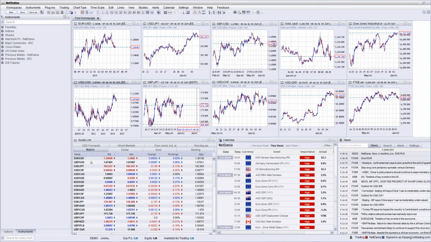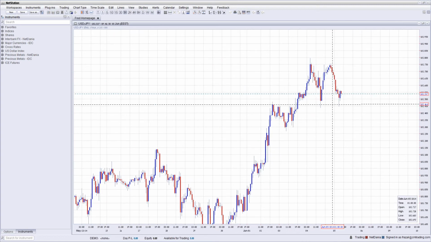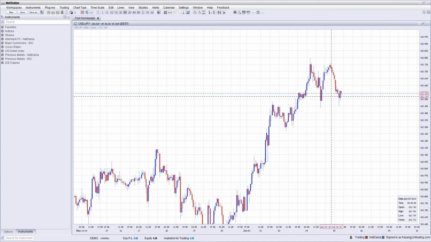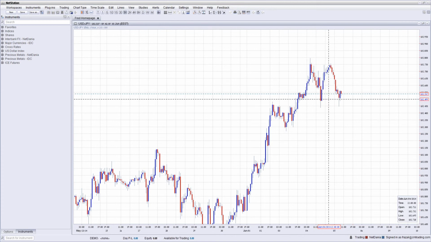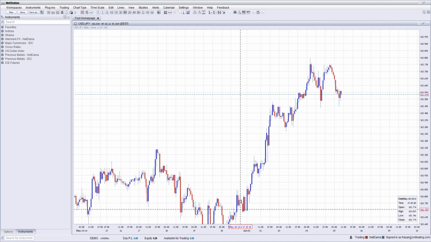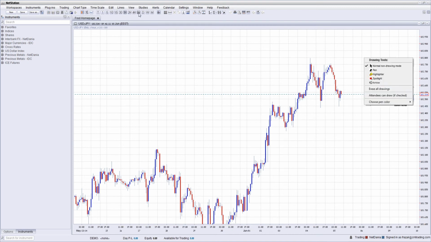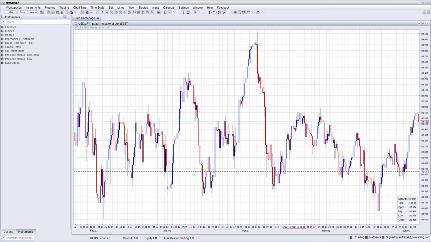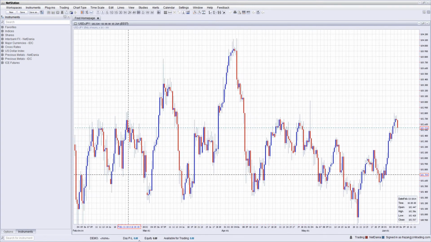Looking at the USD Japanese yen, also bouncing quite nicely, about 90 pips the past couple of days. If you're trading the range in this, you could really be booking some good money. We've made this huge upturn at this level, but looking at a longer time frame, there's no trend here.